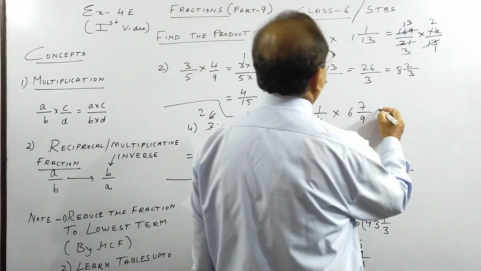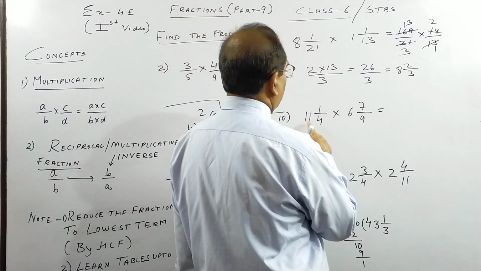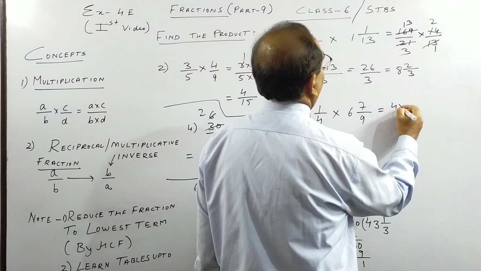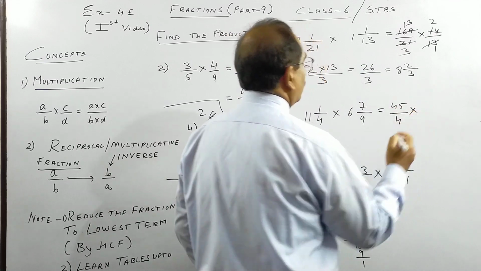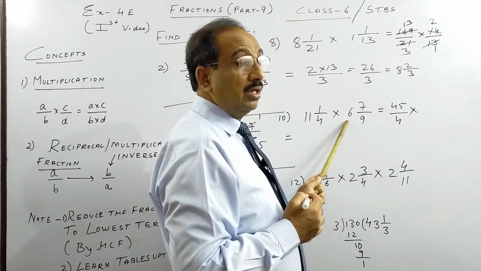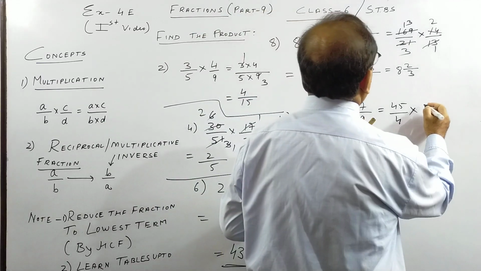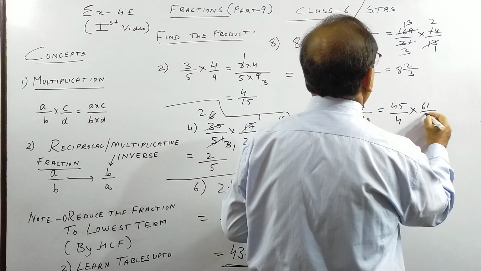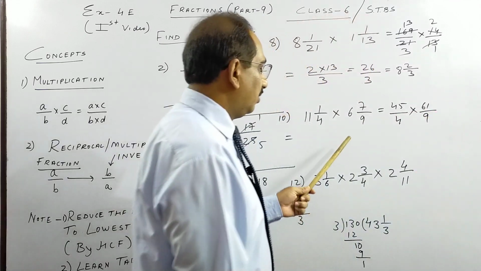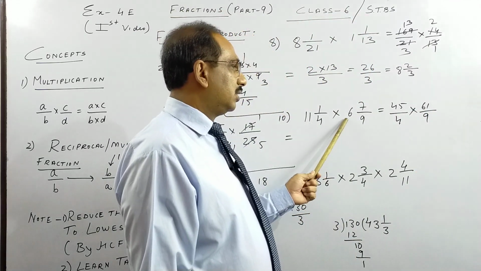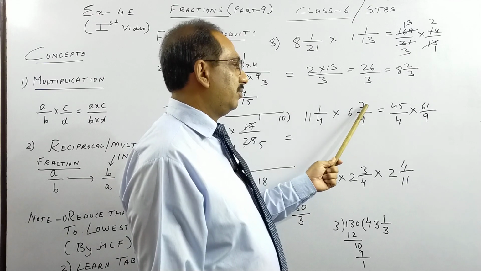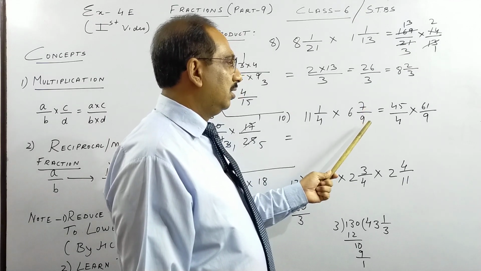So here we have 11 4s are 44 plus 1, 45 by 4, into 9 6s are 54 plus 7, 61 by 9. So once more, 9 6s are 54 plus 7, 61 by 9.